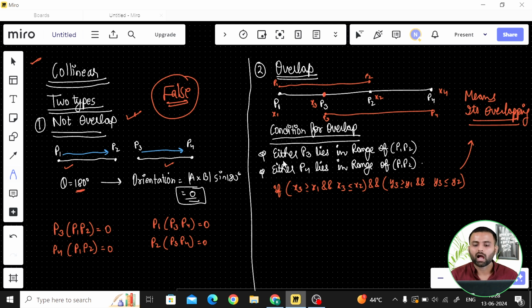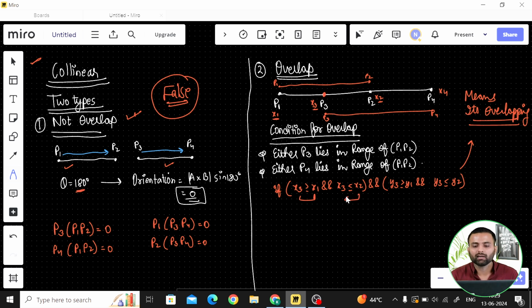Now we just have to check whether P3 lies in between P1, P2. The simple idea is, for example, these are my coordinates with respect to P1, P2. If P3 lies in between P1, P2, it means that x3 should be greater than or equal to x1, and x3 should be smaller than or equal to x2.